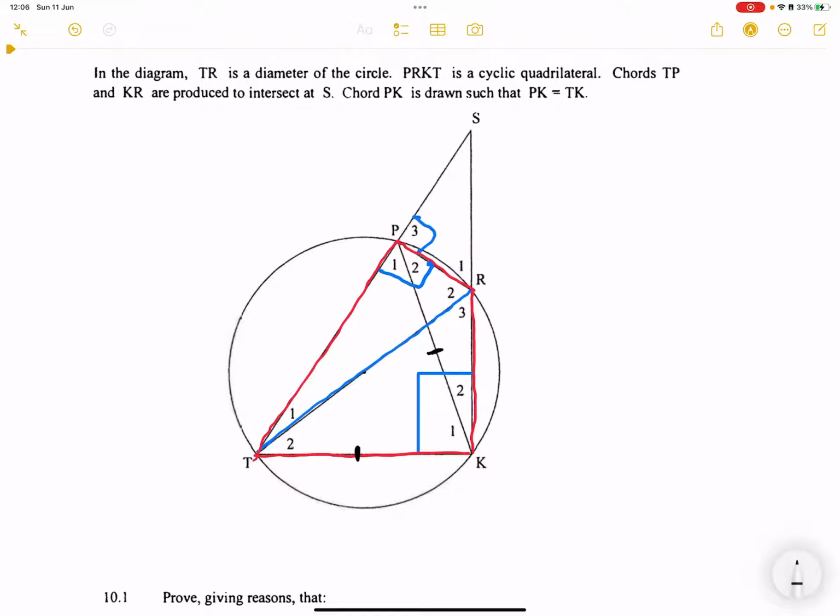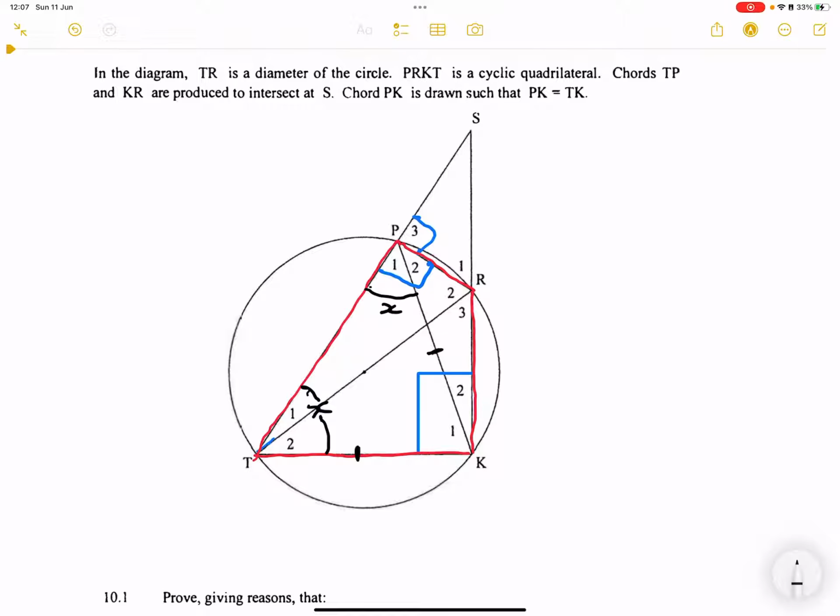So for that reason, ladies and gents, let's call this angle X, and then check which other angle would be equal to X or related to X. That means that angle T1 and T2, the entire angle, should also be equal to X, because the base angles of an isosceles triangle PKT are equal.